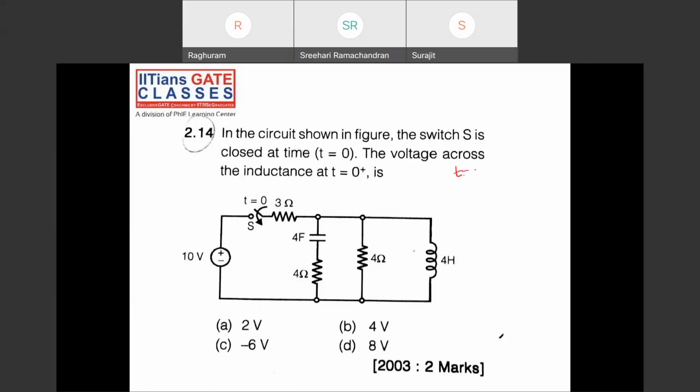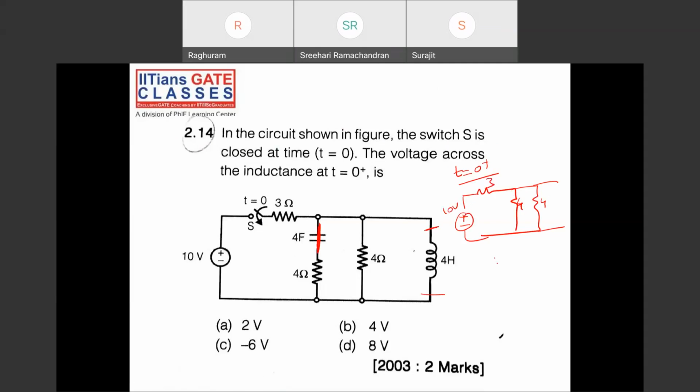Initially, the capacitor and inductor are not charged. At t equal to 0 plus, the capacitor acts as a short circuit and the inductor as an open circuit. So this is how the circuit is: 4, 4, 3, and 10 volts.